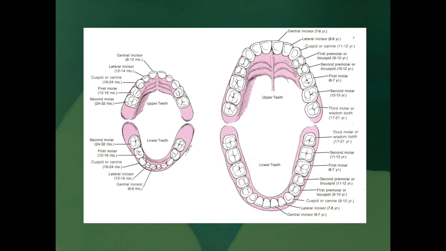Next to our central and lateral incisors, then we have our cuspids or our canines. In the deciduous form, as with the adult form, they are the first tooth in this arcade to have a cusp. It would be a single cusp, and that's what makes it easy to identify with regard to the crown.